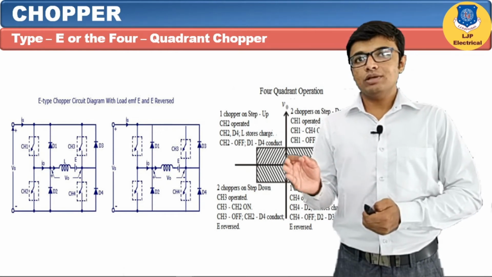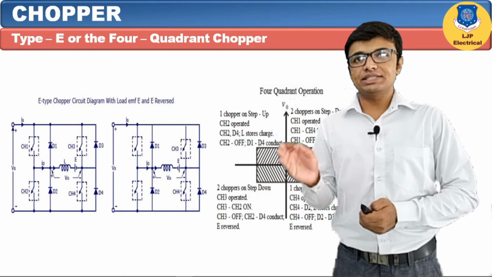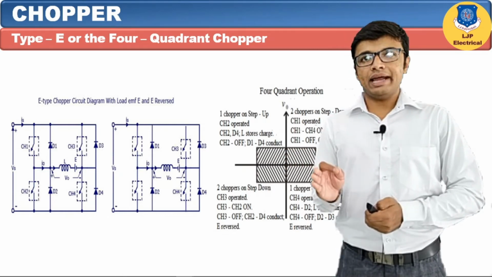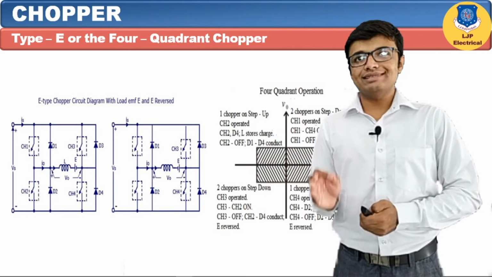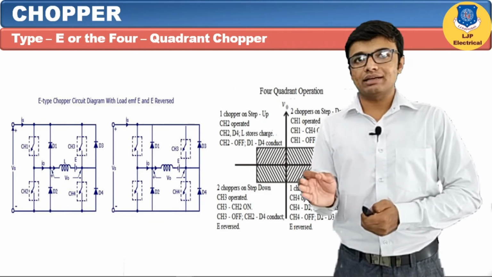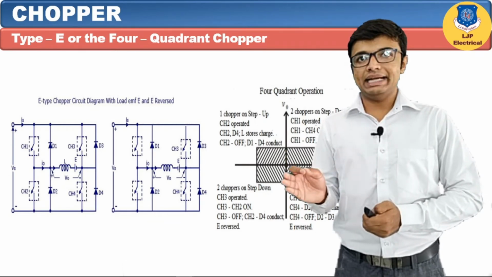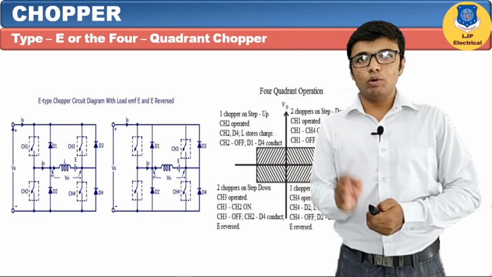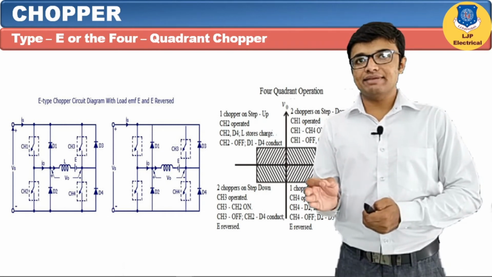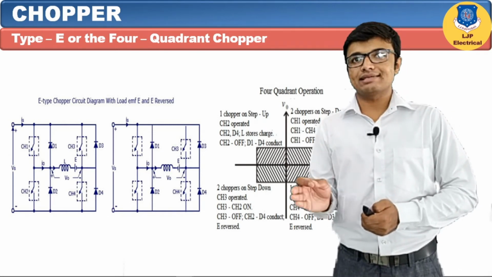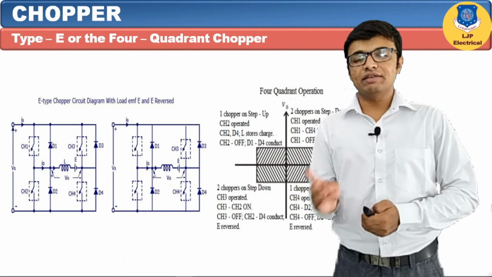Suppose we turn off switch 1 and switch 4, at that time this inductor is going to change its sign. It will try to dissipate through diode D2 and diode D3. Hence the voltage will become negative while the current remains as it is, such that we will get operation in the fourth quadrant.